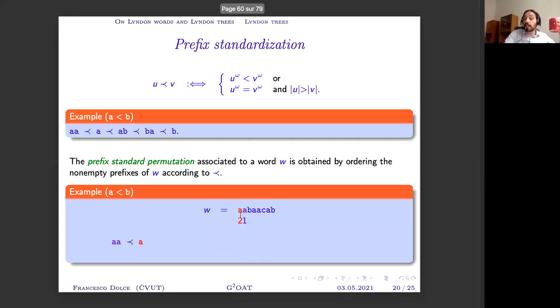The second one is just A. Then you have that A is smaller than AA, B, A, A. And if you continue so on and so forth, you can pick all the different prefixes. And the last one, since this one is a Lyndon word, is the word itself. So you can associate to every word the permutation of the prefixes.